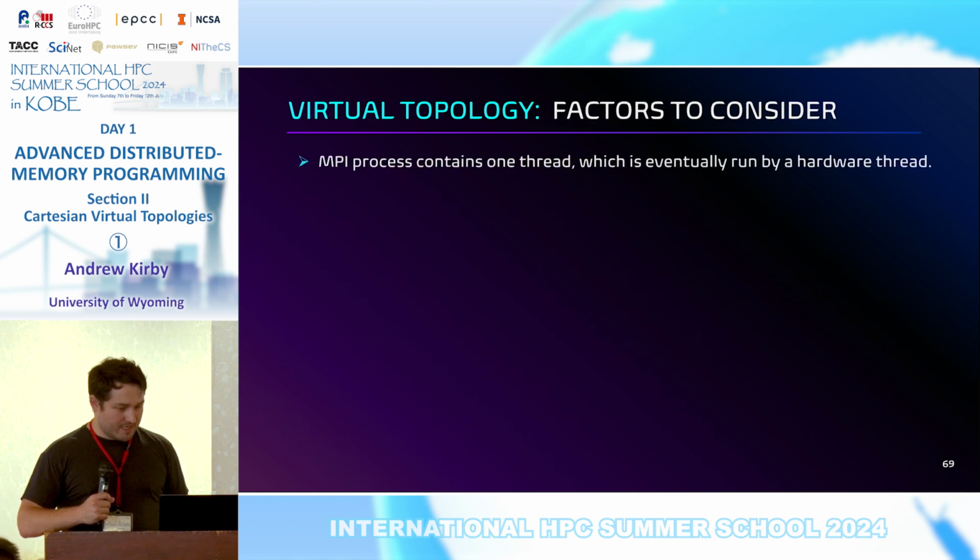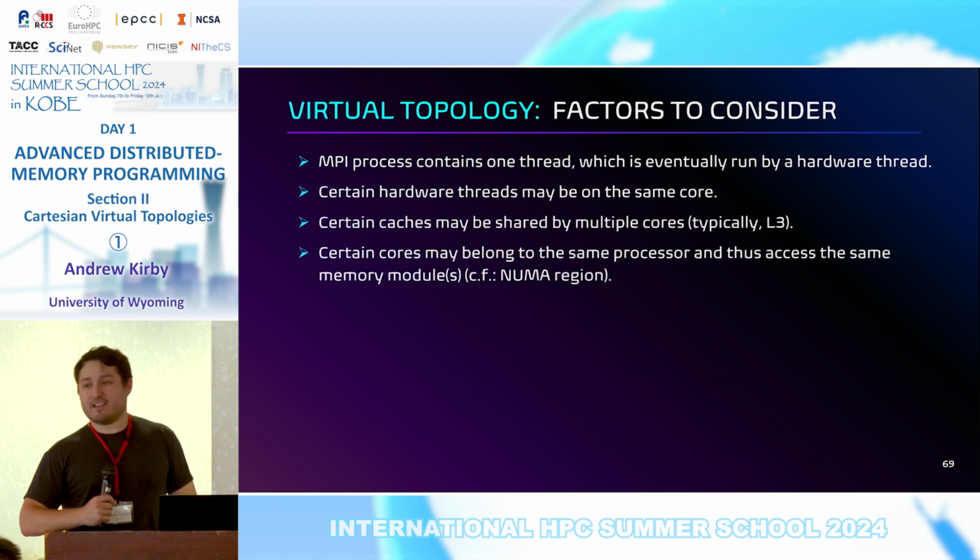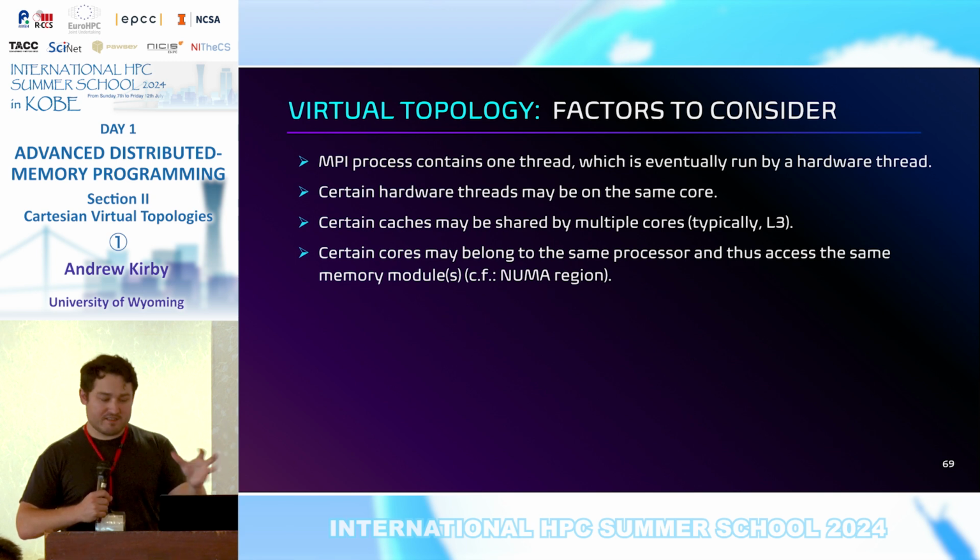In terms of time, I'm going to skip over this. There's a whole checklist of factors to consider, like hardware, how many NUMA regions, so you have non-uniform memory accesses and all this stuff. I'll defer to the slide deck if you're curious about this.